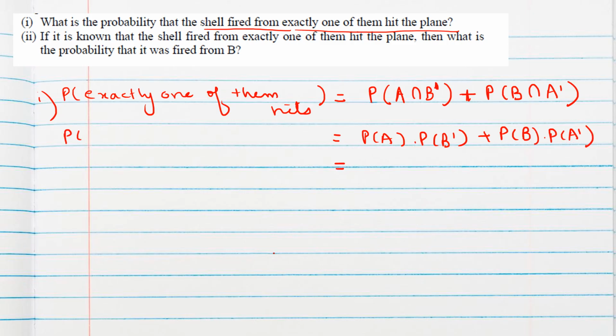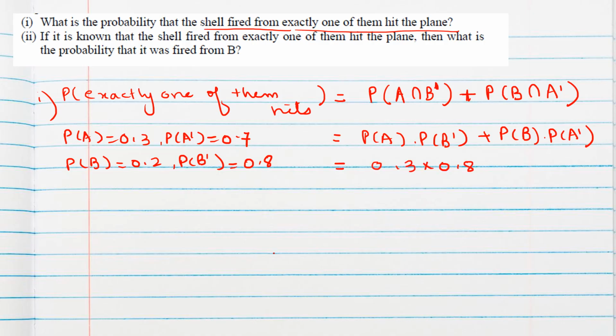P of A we already know is 0.3, so P of A complement will be 0.7, and P of B is 0.2, so P of B complement will be 0.8. If you substitute the values, 0.3 into 0.8 plus 0.2 into 0.7, so 0.24 plus 0.14. Final answer will be 0.38. Okay, I hope it's clear.